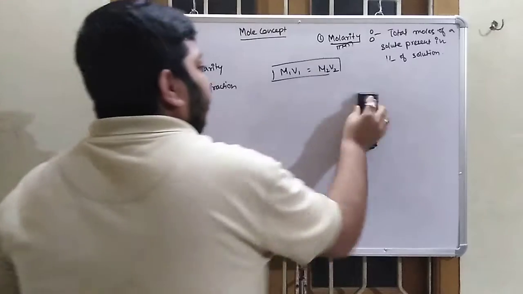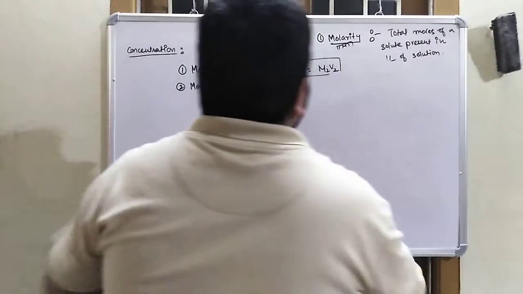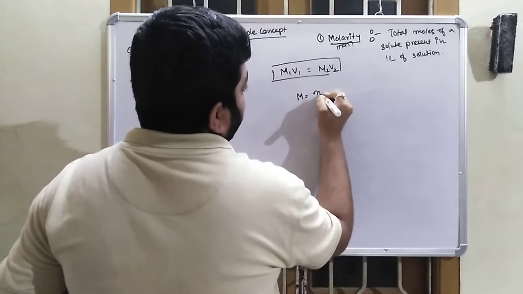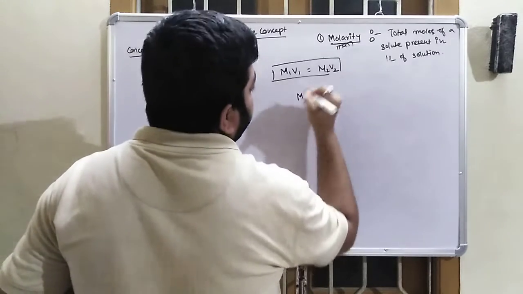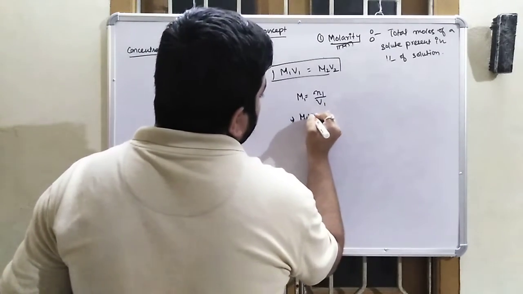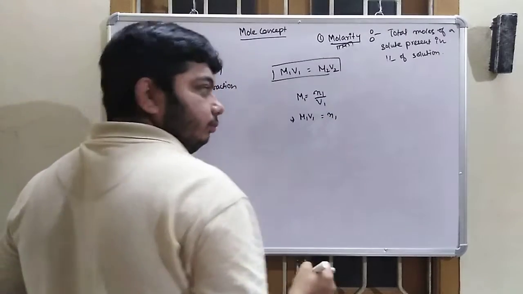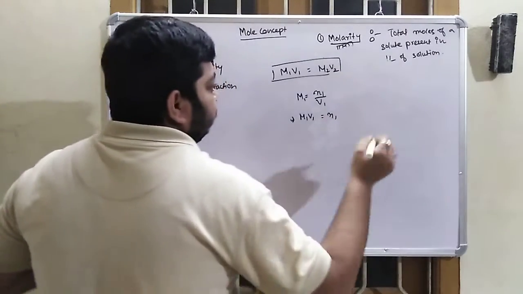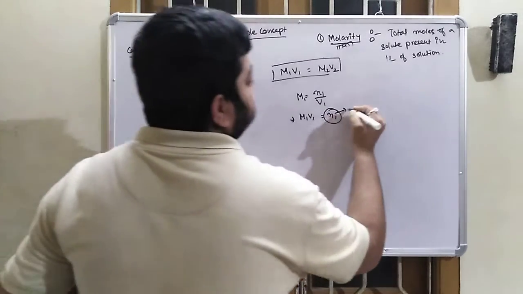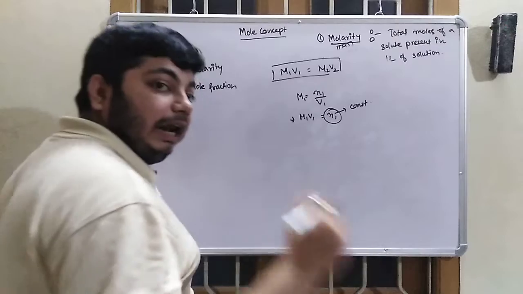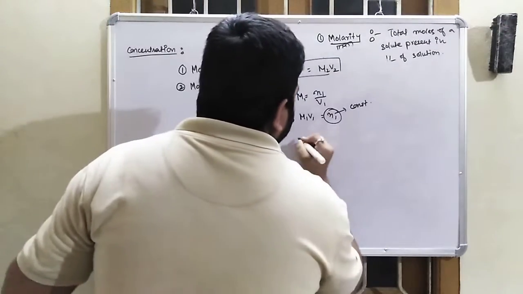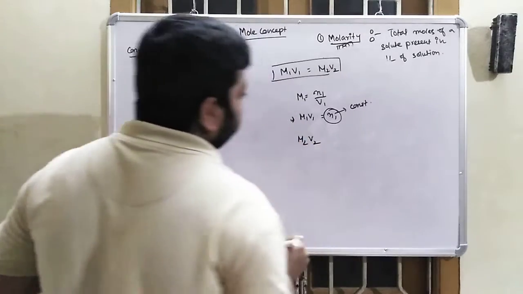In other easy language, you see molarity is given as N1 by V1. So M1 into V1 is equal to N1. Now if we keep the number of moles constant and try to change the molarity as well as volume, then we get M2 into V2.